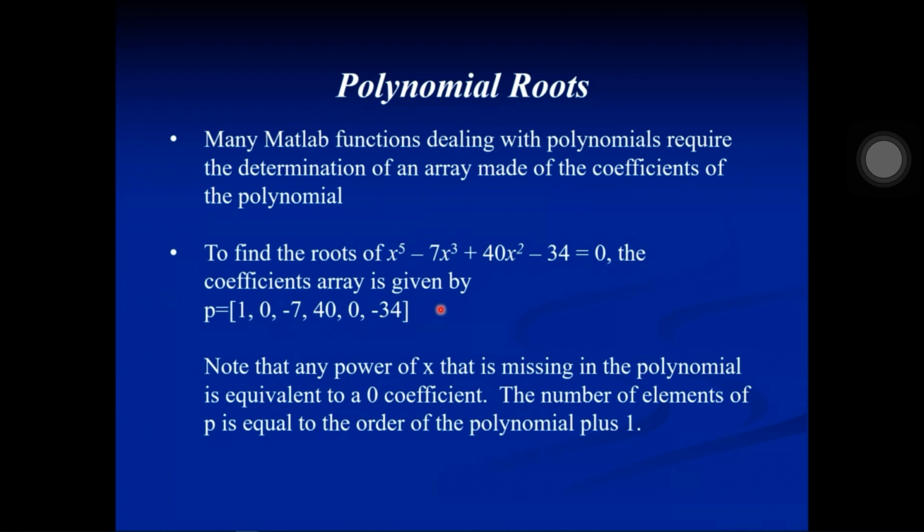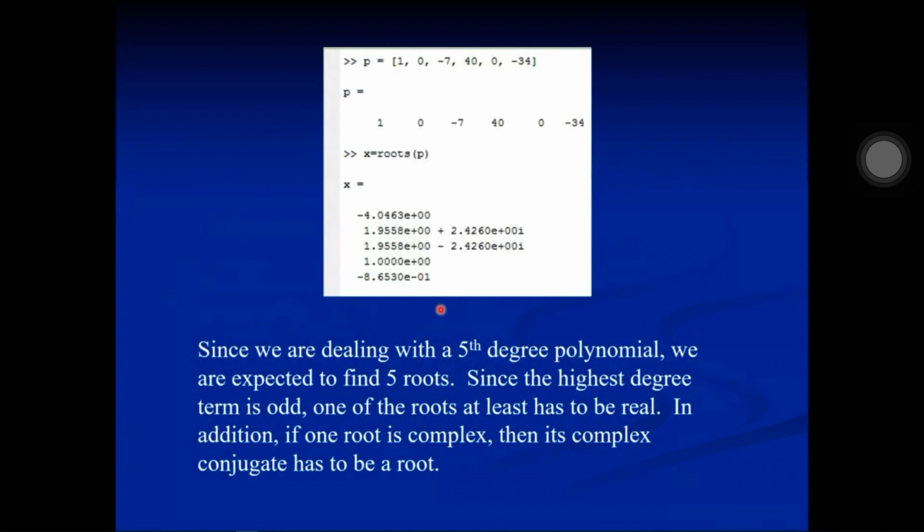Okay? So, as an example, when I say to MATLAB, this is my polynomial, meaning that these are the coefficients of my polynomial, I didn't put a semicolon here, so it will come back and show me what that array looks like. And this is why I told you about CLC, clear the command window.